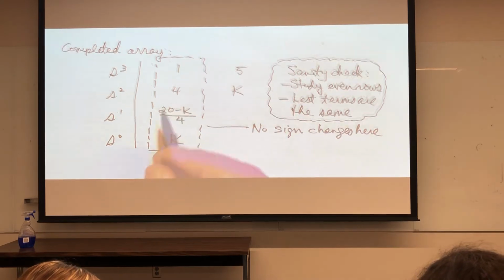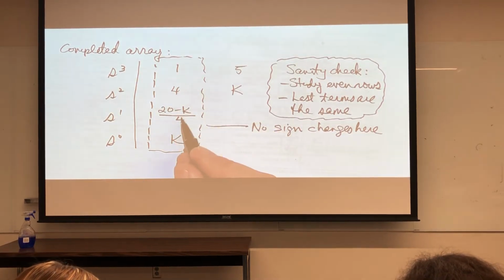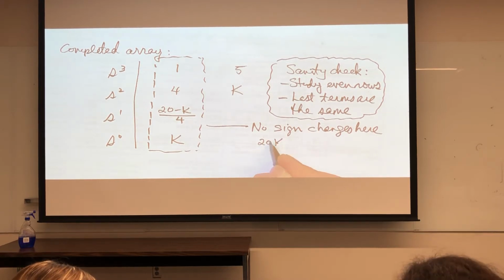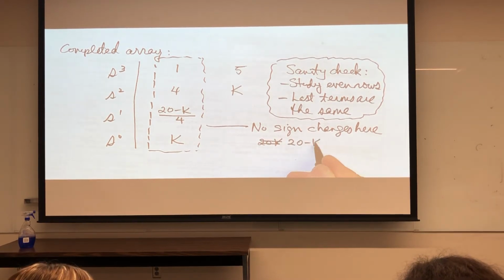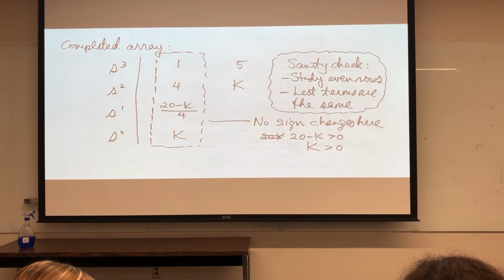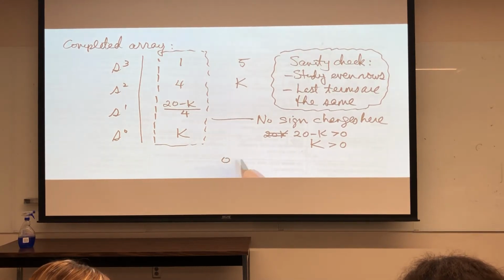So, positive, positive, positive. This has to be positive. So we get the conclusion that 20 minus k must be greater than 0. And we also get that this has to be positive, so k must be greater than 0. So our conclusion is that k has to be between 0 and 20.